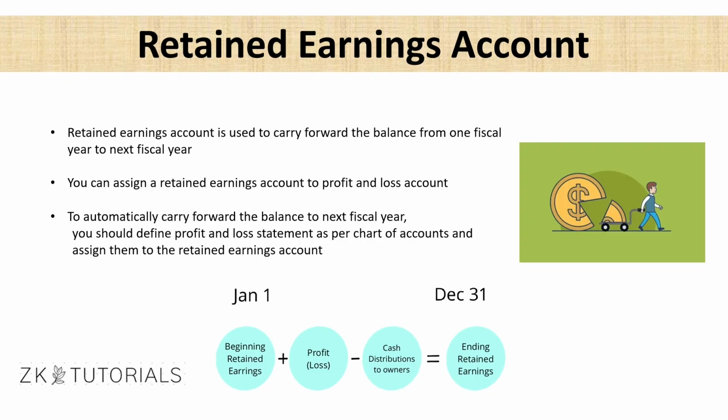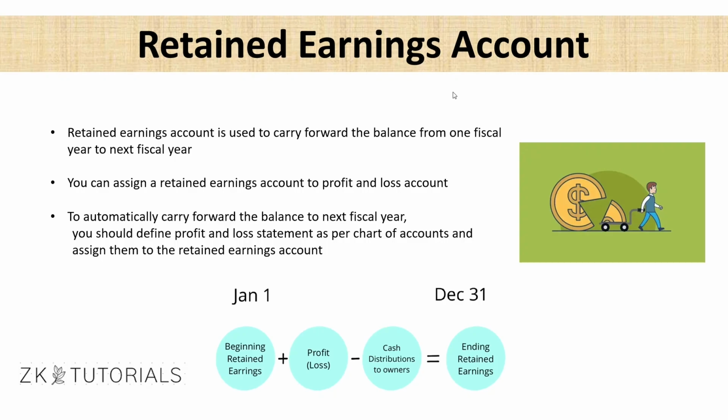After distributing the profit of 80 rupees to the owners, the balance will be 220. So this balance is ending retained earnings. It's called ending retained earnings, which is transferred to retained earnings account. So this retained earnings account, we need to assign this to the chart of accounts.